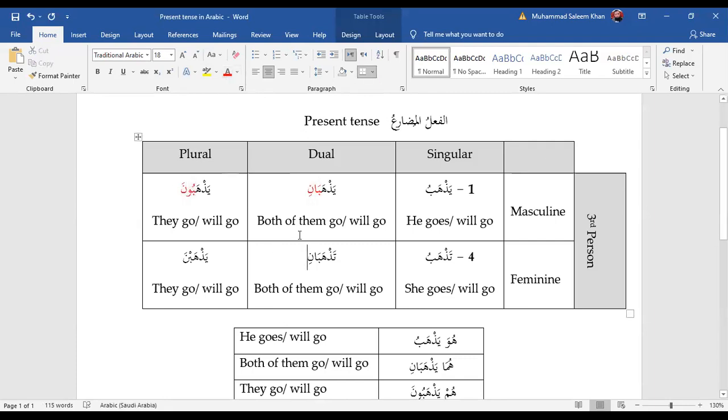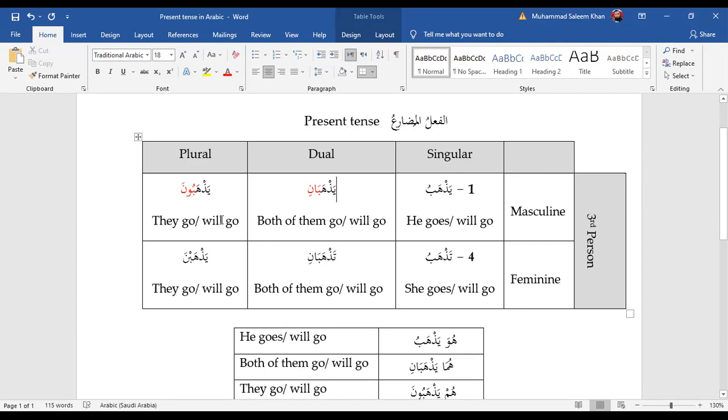Okay, how would we differentiate when we have the sound of ani and una if it's a noun or a verb? Because the verb will always start with either ya or ta. So when we have the sound of ani and una, we have to see if we have ya or ta.